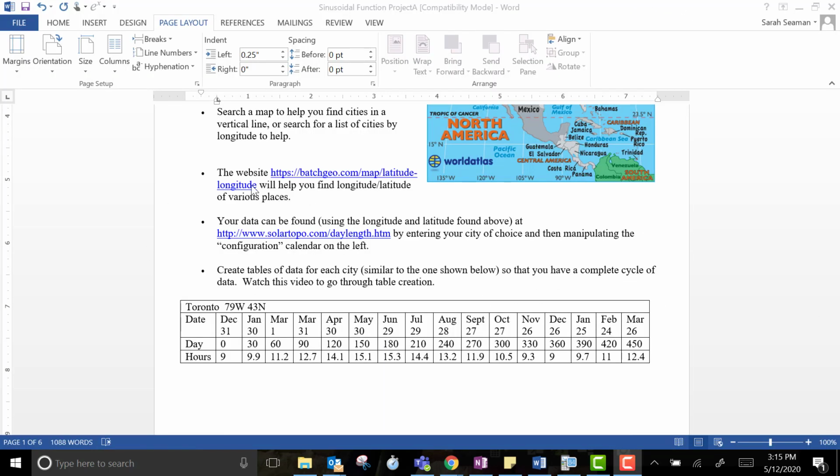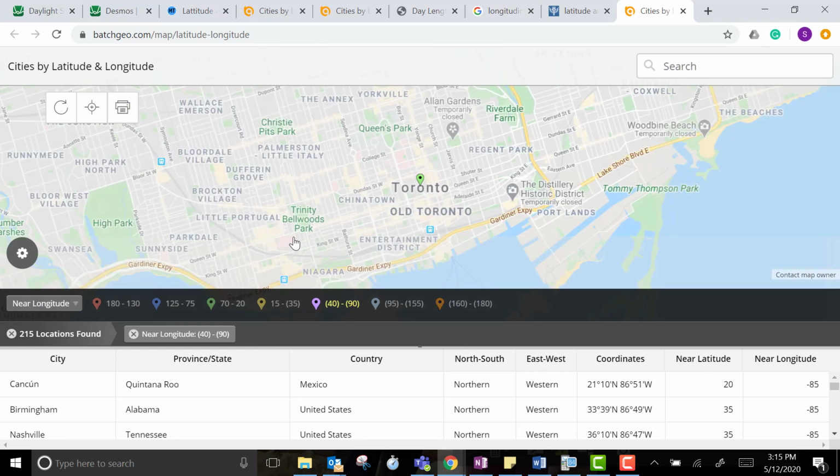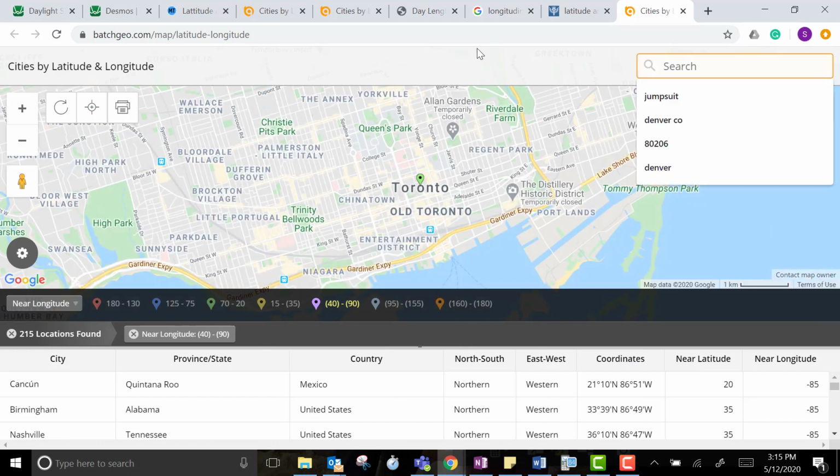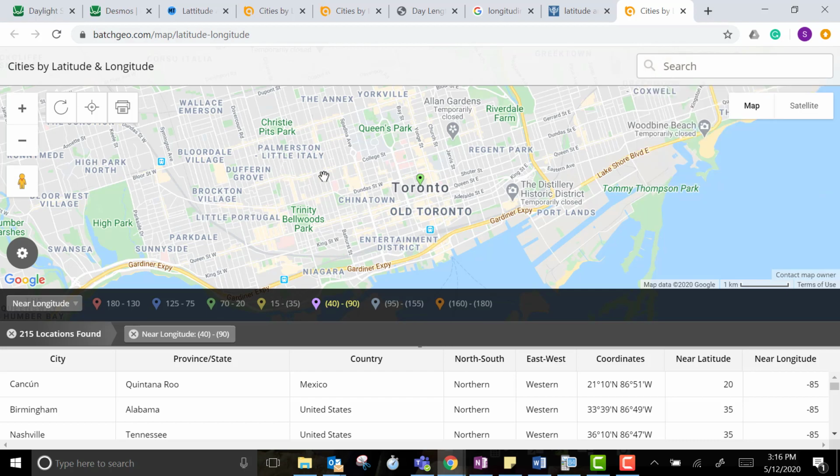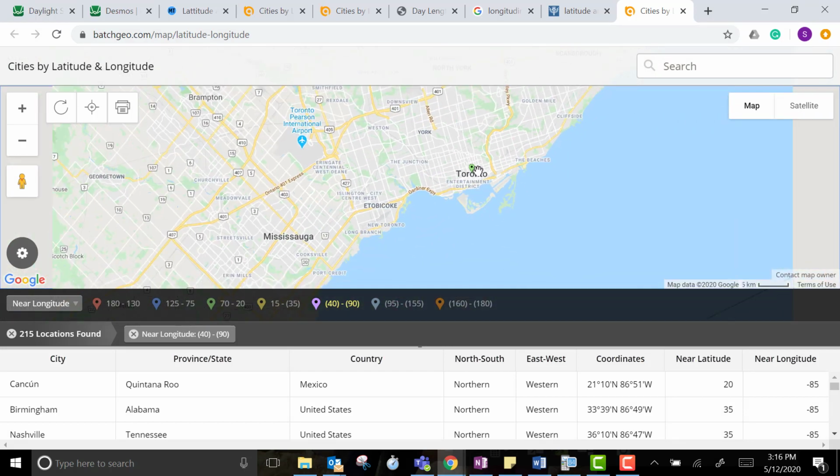Moving back to our original document, there's a website right here that will help you find longitudinal and latitudinal lines of various places. So if I click on this website and go to it, as you should be doing, you're going to type in your first city of choice. I chose Toronto as my city. You have to choose somewhere different than this for your Canadian city.